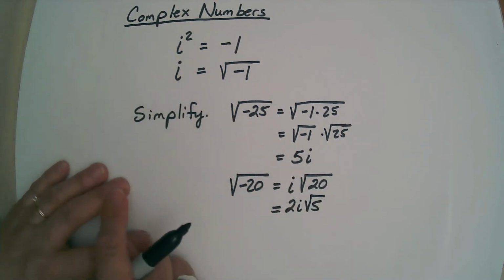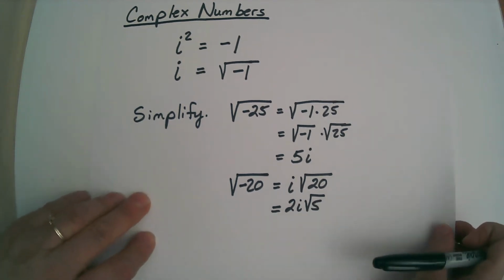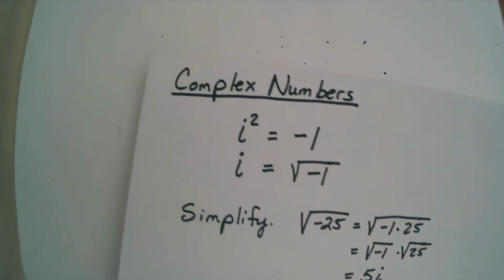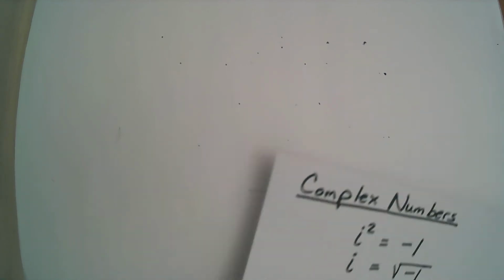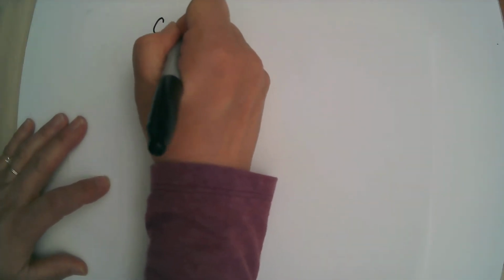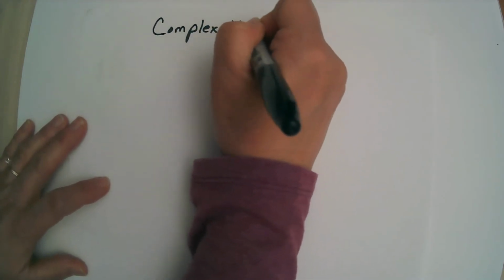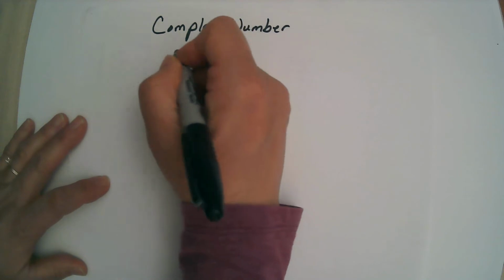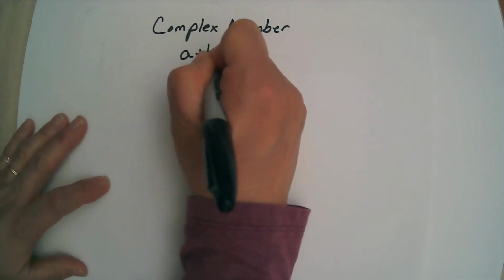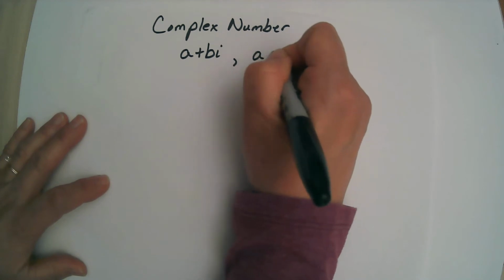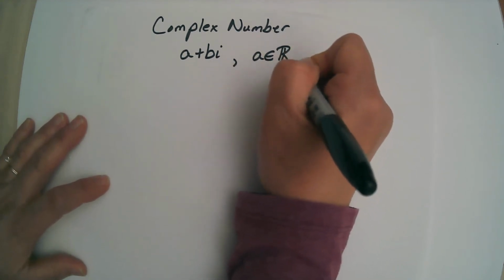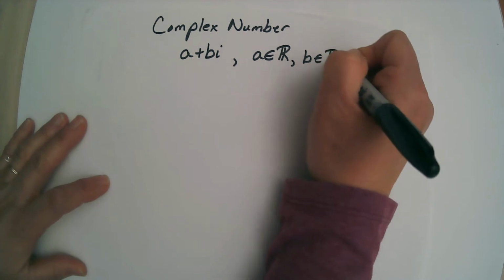So complex numbers are numbers that are defined to look like this. A complex number is a number that can be written in the form a plus bi, where a is an element of the reals and b is also an element of the reals.